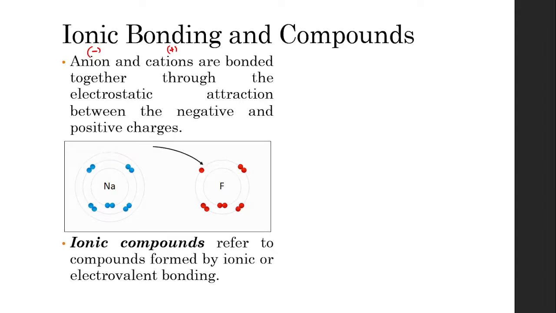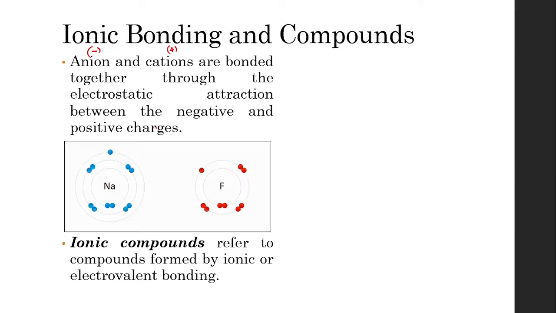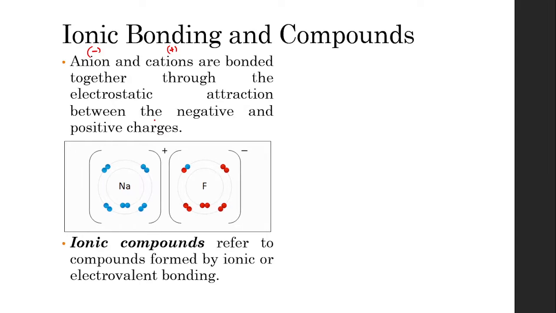Ionic compounds are compounds formed by ions, or the electrovalent bonding. Electrovalent bonding is basically the bonding between the positive and the negative charge, or basically the electrostatic attraction. So that's how ionic bonds are formed.